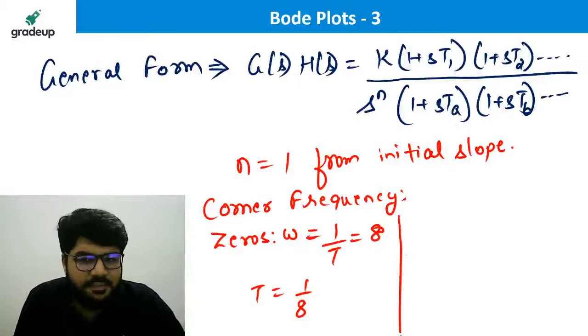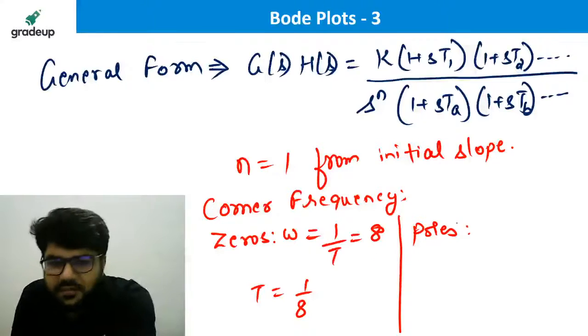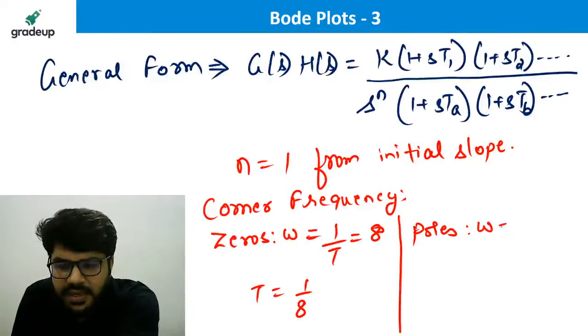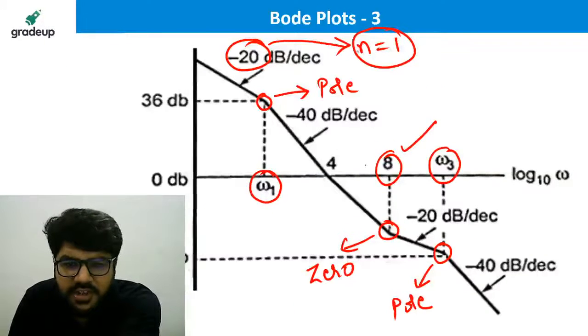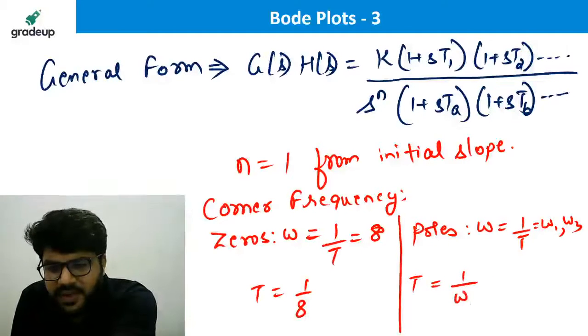Then poles. The corner frequency is omega equal to 1 by t. There are two corner frequencies of the poles, omega 1 and omega 3, both unknown. So you will have two values of t, 1 by omega 1 and 1 by omega 3.